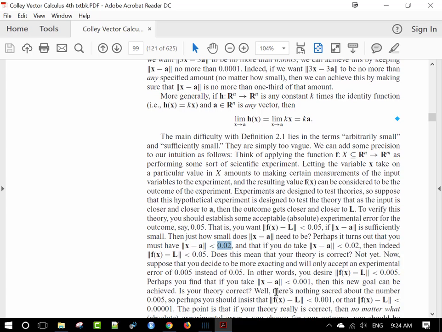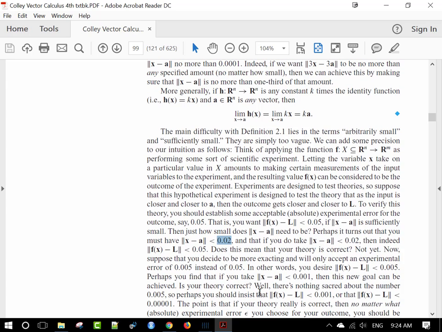Is your theory correct? Well, there's nothing sacred about this number, so perhaps you should insist that it be this number, that it has to be that close, or that it will be this number.